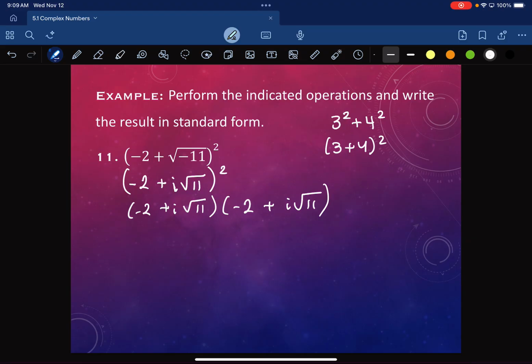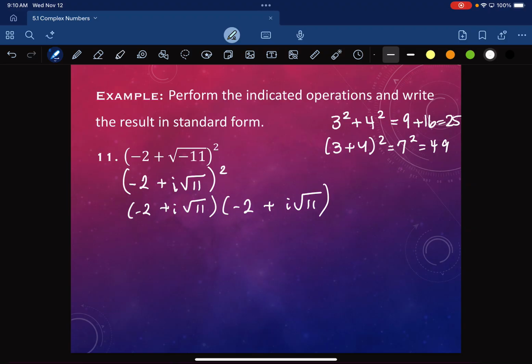And that's what it would be if we just distributed a square over these pieces. But 3 squared is 9, and 4 squared is 16, and this total is 25. But if I add 3 and 4 together first, and then square it, I get 49. There is no distributing squares. You cannot do that. It will not result in the right value, okay?